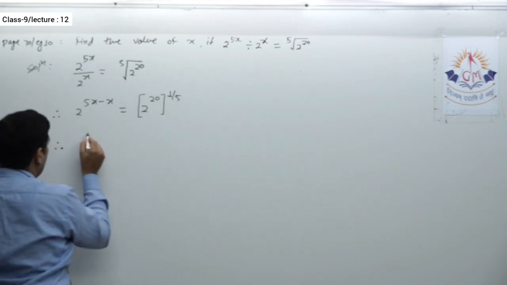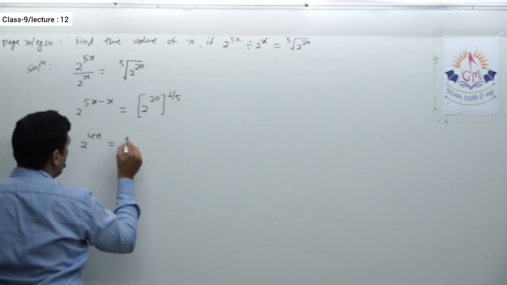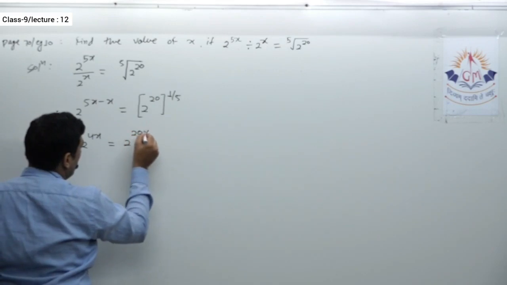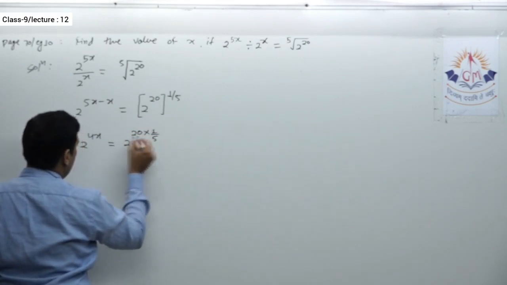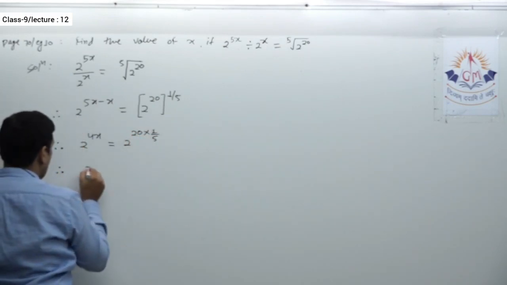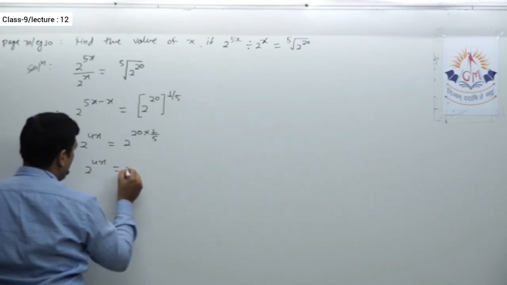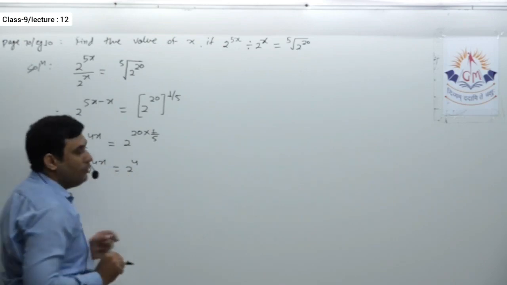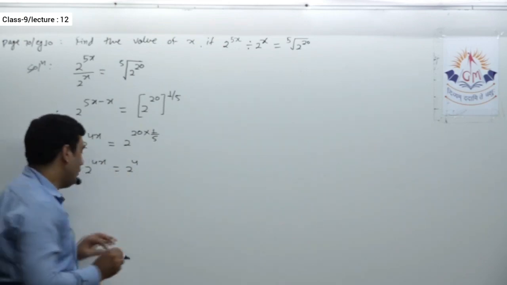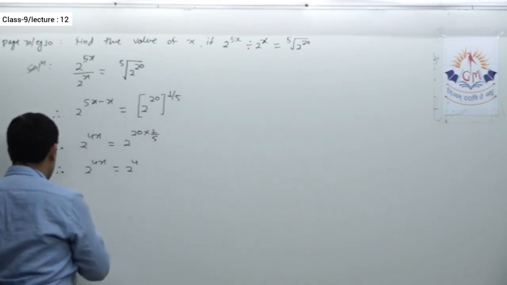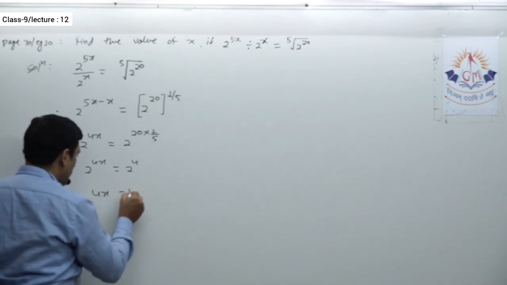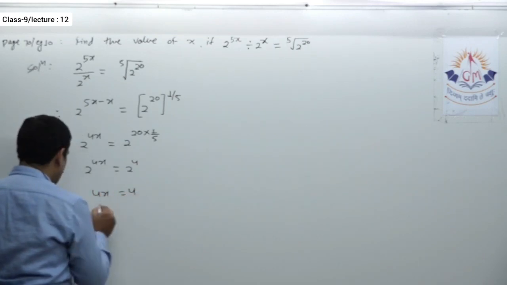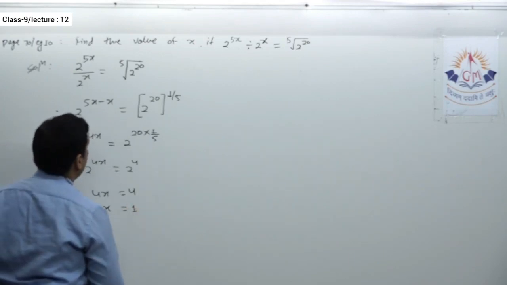So 2 raised to 4x is equal to 2 raised to 20 multiplied by 1 upon 5, that is, 2 raised to 4. Now the bases became the same, so we can definitely say 4x is equal to 4, and hence x is equal to 1.